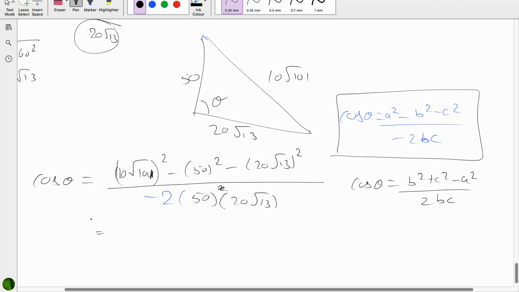So this is (10 square root 101) whole squared minus 50 squared minus (20 square root 13) whole squared, divided by minus 2 into 50 into 20 square root 13, and this is negative 0.33 for cos theta, and theta is equal to cos inverse of negative 0.33. So shift cos of the answer, and the angle is 109.4.